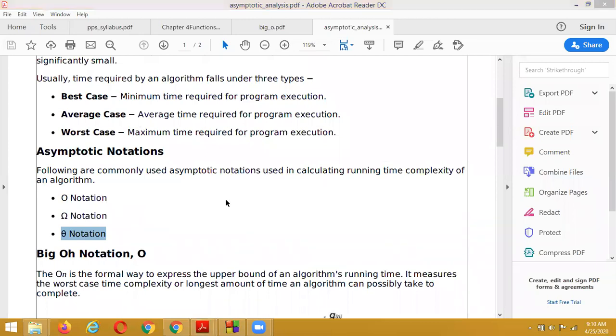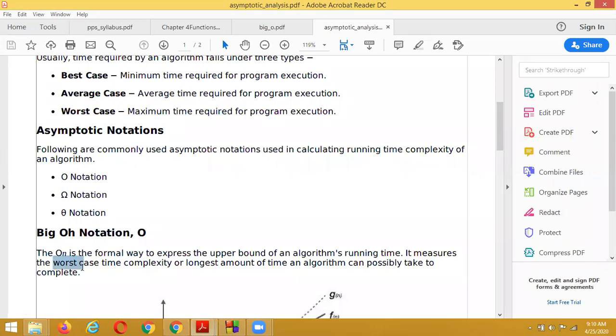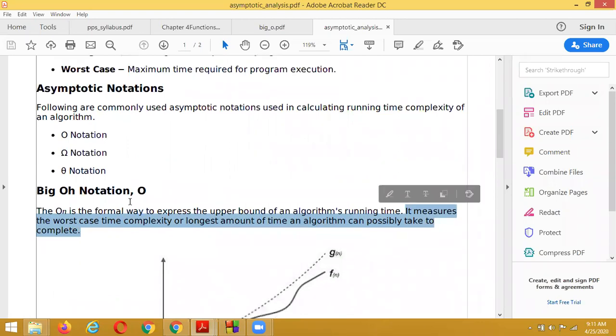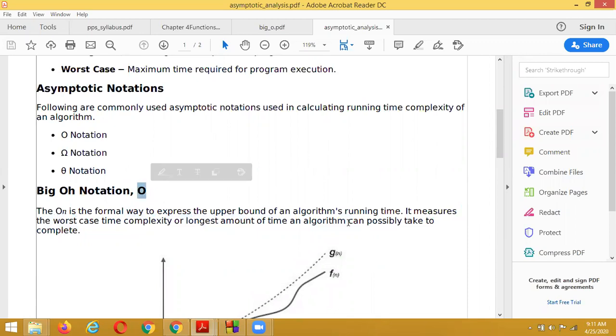Here, what we need to understand is that big O notation is what we remember when an algorithm takes a maximum amount of time, that is, the worst case time complexity.